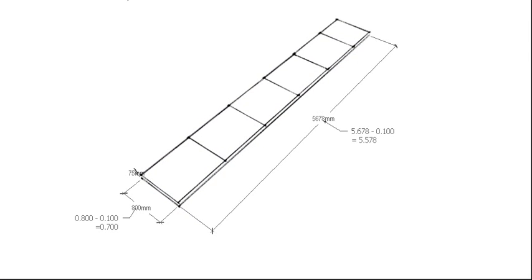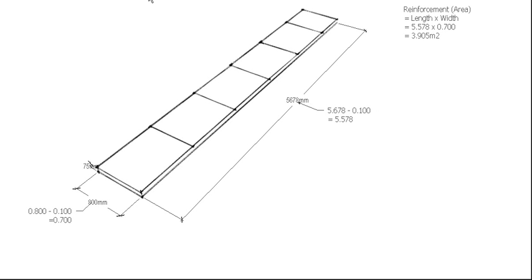So we go back to the plan, and what I've done here is I've reduced my dimensions by 50 mil on both sides, or 100 mil overall. So 800 comes down to 700, and 5 meters 678 comes down to 5 meters 578. They're the dimensions I work with for my reinforcement calculations.